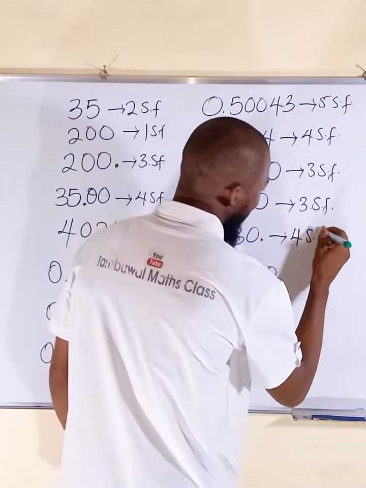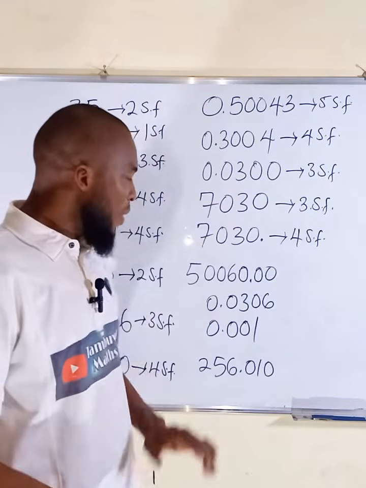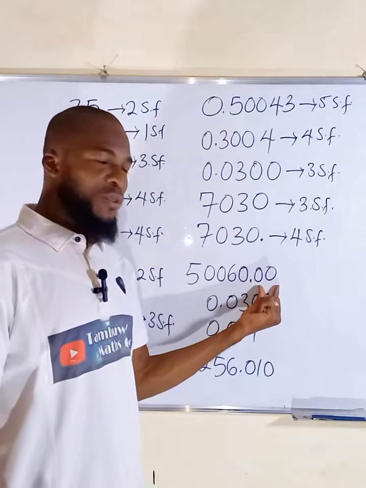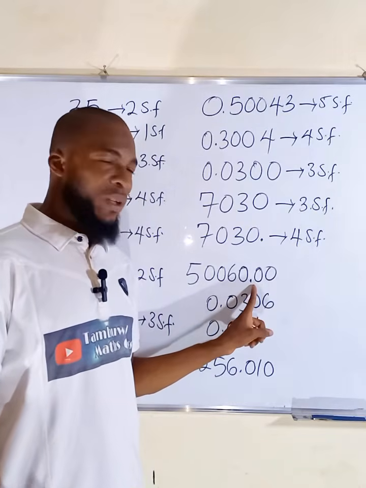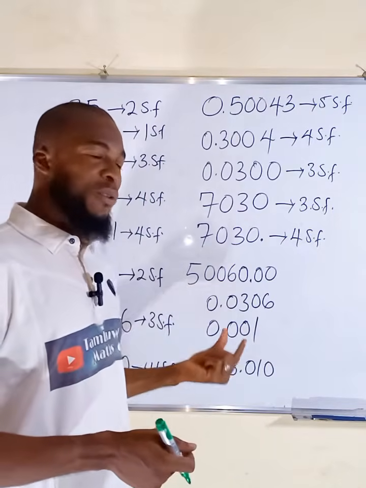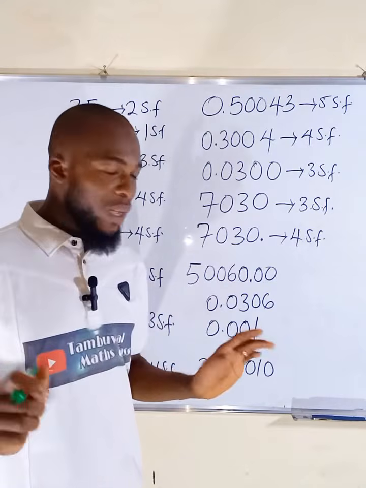4 significant figures. Down here, all of these figures are significant. We have trailing zeros, but because of the decimal, we are going to consider them as significant. We have middle zeros, they are in between two natural numbers. Therefore, they are also significant.